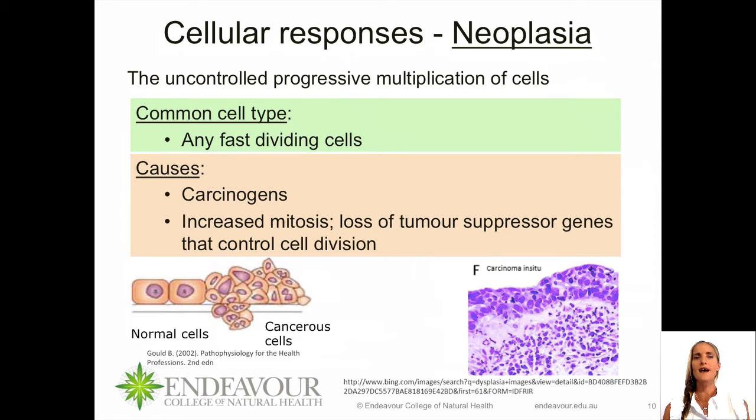Neoplasia. As we discussed in that first slide, this is the uncontrolled progressive multiplication of cells, and it can happen in any fast dividing cells. The causes are carcinogens, increased mitosis, and loss of tumour suppressor genes that control cell division. Those tumour suppressor genes slow or inhibit progression through specific stages of the cell cycle.